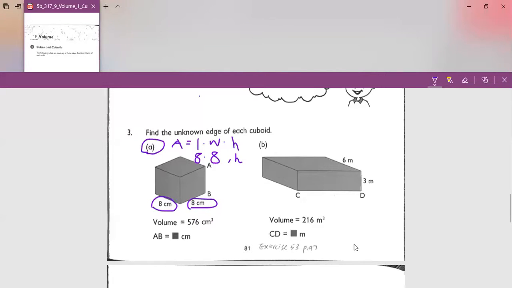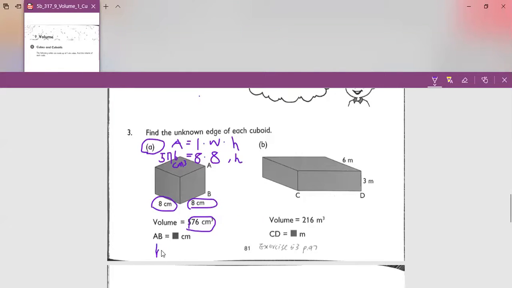Anna Sophia, can you tell us what the volume is for this? 576 centimeters cubed. Very good. So they already show us the volume, and we just need to plug in 576 centimeters cubed. We want to figure out the height.